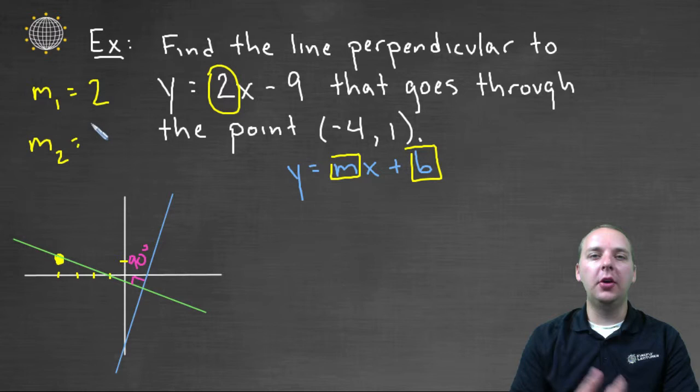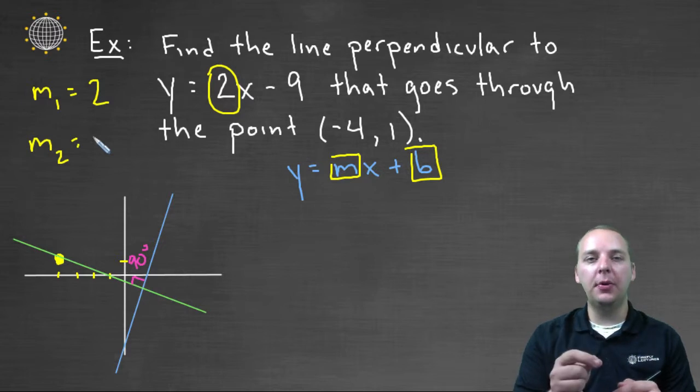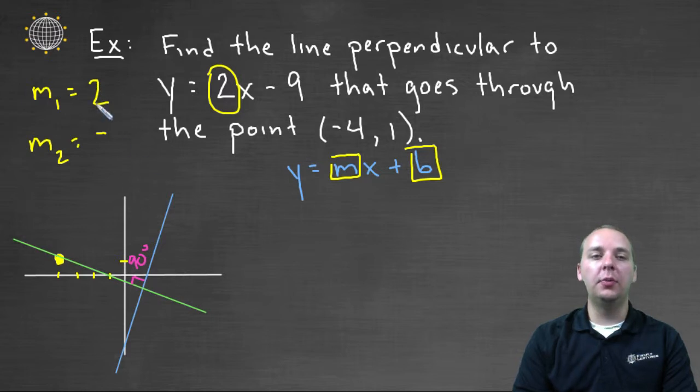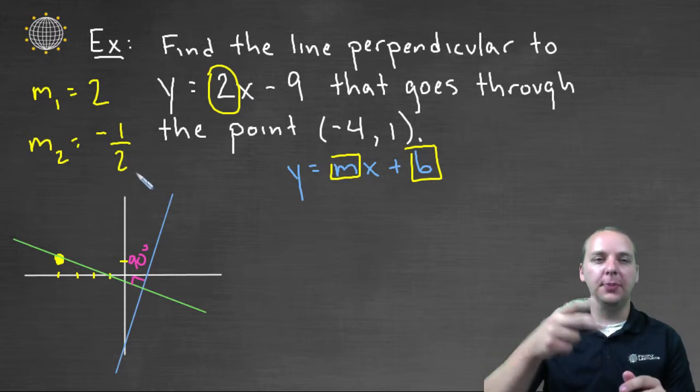Well, in an earlier video we explained that the slope of a perpendicular line is the negative reciprocal of the other line. So we're going to change the sign. Since it's positive, we'll make ours negative. And since it's 2 over 1 for the blue line, we'll put 1 over 2 for our line. So it's the negative reciprocal.